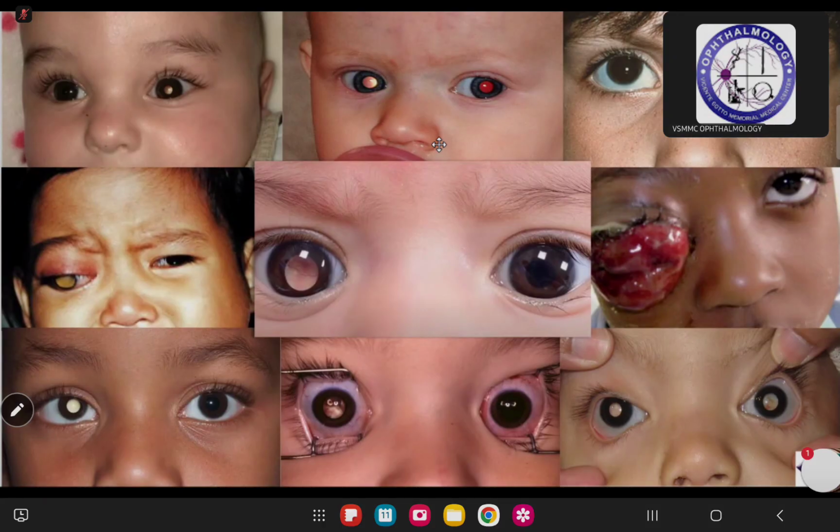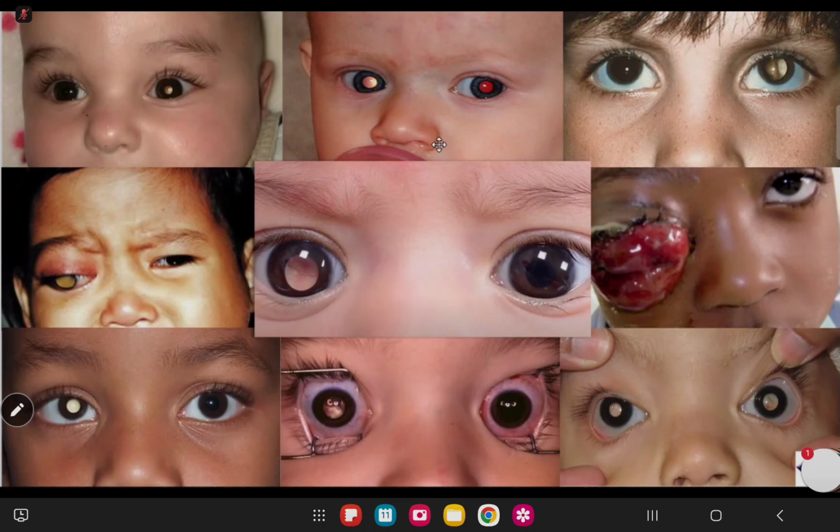So for this type of tumor, the goals are to save the patient's sight, to save the patient's eye, and to save the patient's life. So that's the three principles that we must uphold when treating retinoblastoma.